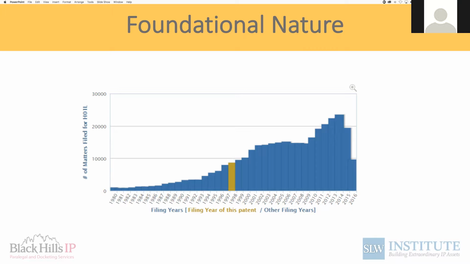And this is especially true when you pair it with the previous slide's forward citation data. So an earlier filing, lots of forward citations, that sets a good picture. Of course, a foundational patent can have great value due to its applicability to follow-on technologies. So it's an important piece of analytics to at least be considering to move to the next step.